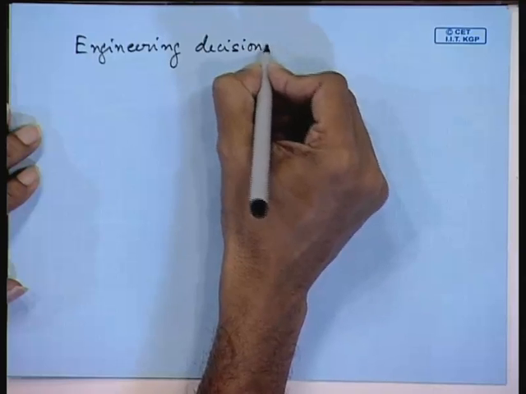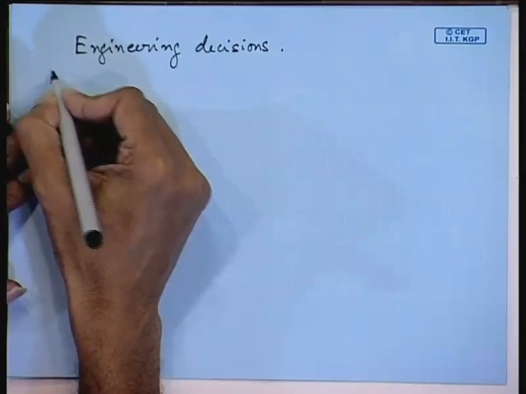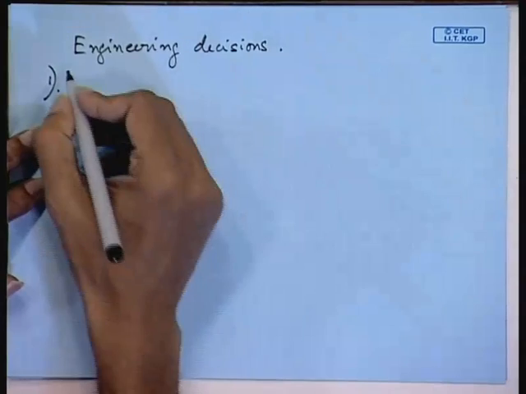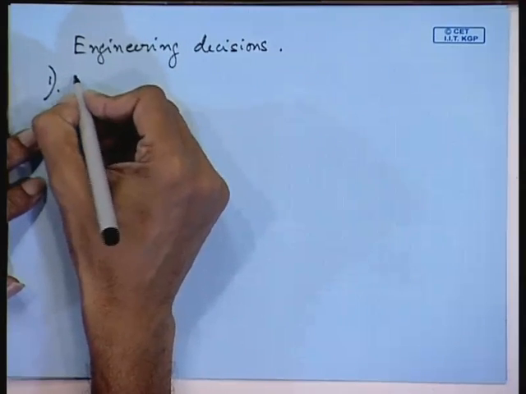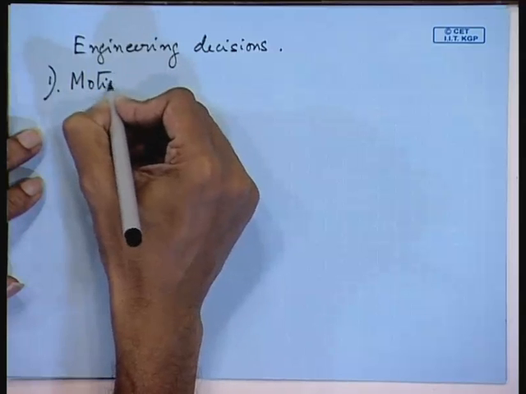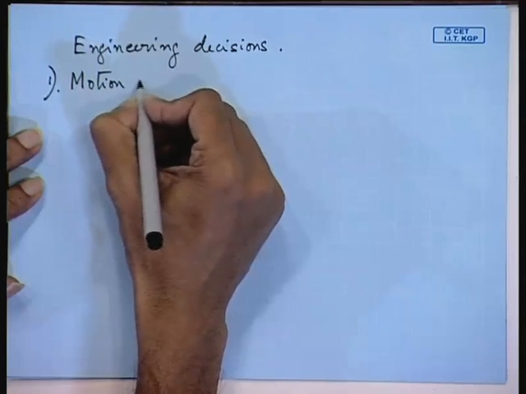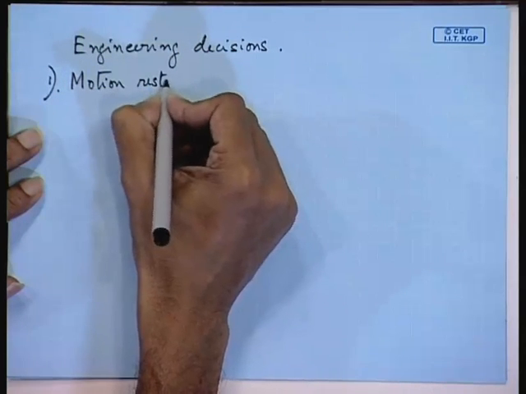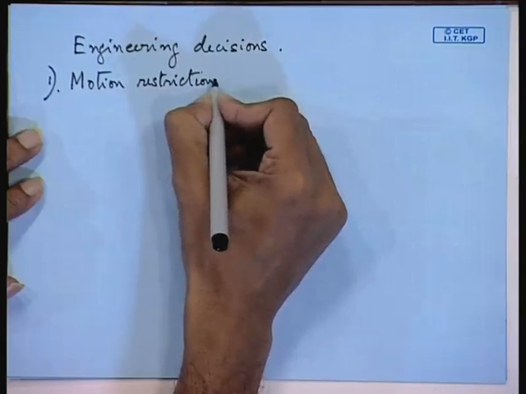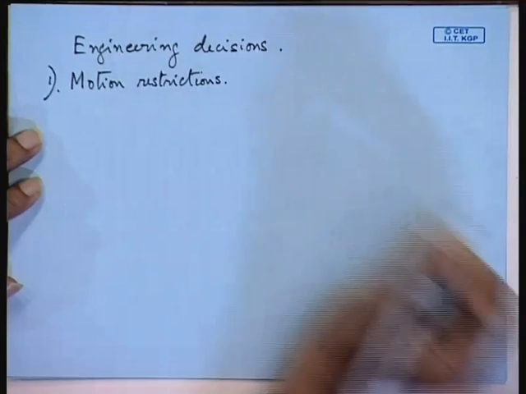So, what are the major engineering decisions? Number 1, the major engineering decisions are motion restrictions. As a naval architect, ocean engineer, this is a prime area of study.